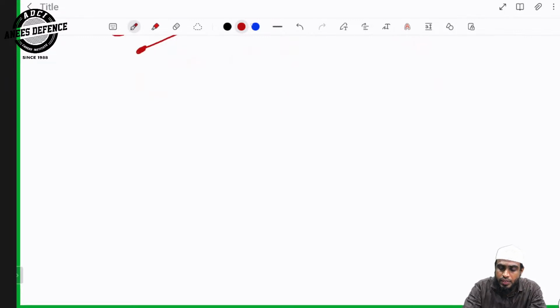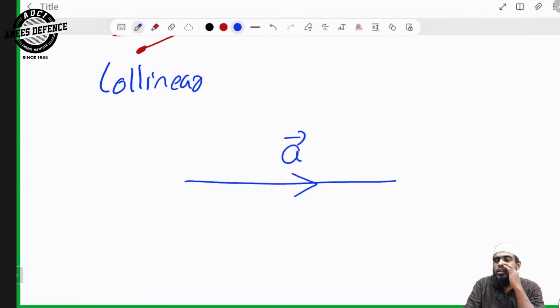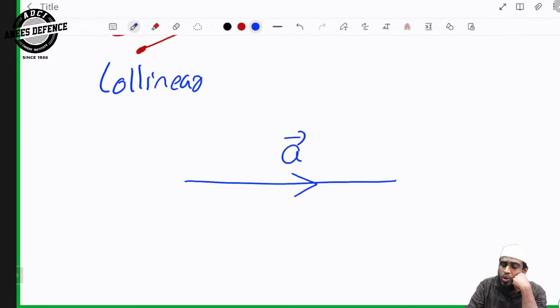Then what is a collinear vector? Collinear vector means, for example, this is a vector A, and another vector in the same direction or the opposite direction, but the second vector is above the other.